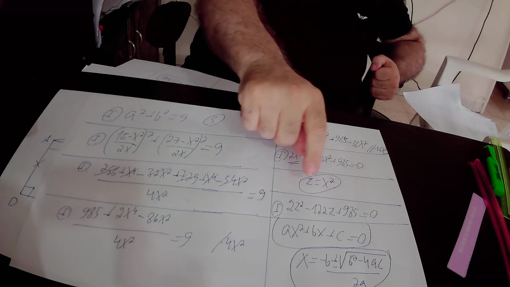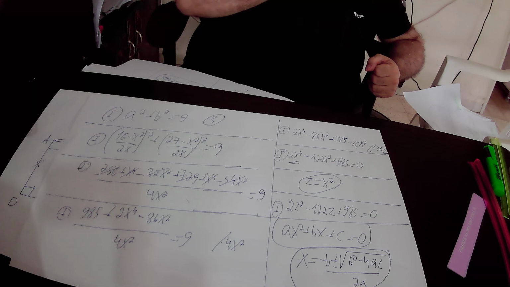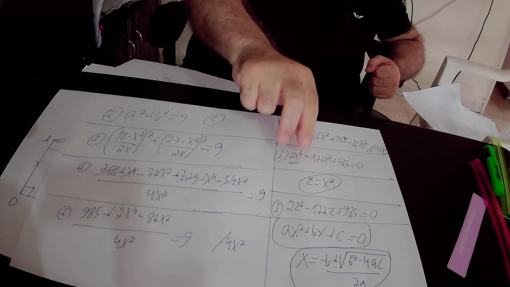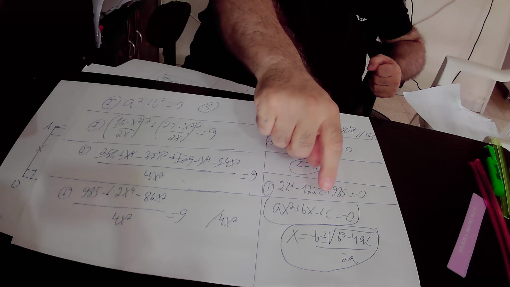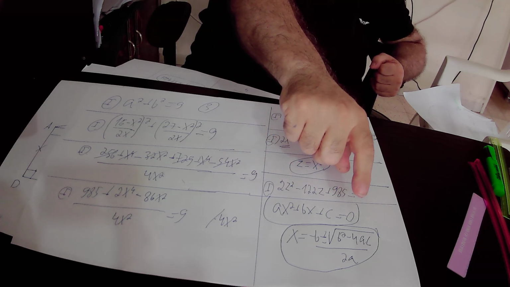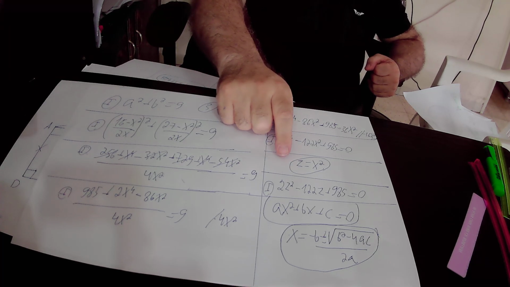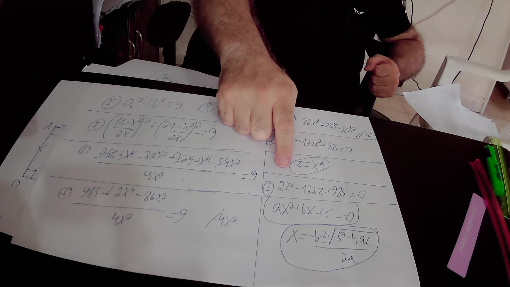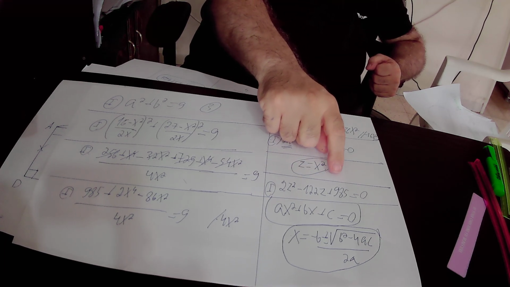Here a, b, c are the coefficients of the quadratic equation, and x is the variable that we are looking for. And we find the value of x according to the following formula: x equals minus b plus minus the square root of b squared minus 4ac, over 2a. In our specific quadratic equation, the coefficient a equals 2, the coefficient b equals minus 122, and the coefficient c equals 985.